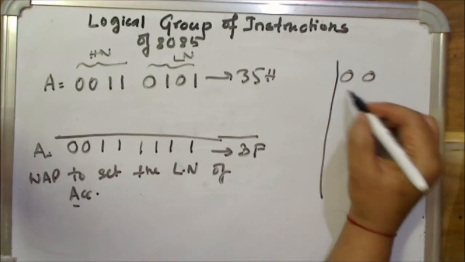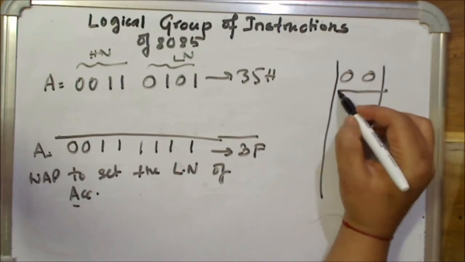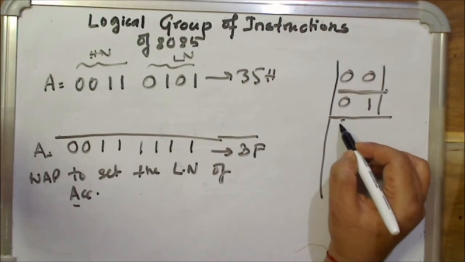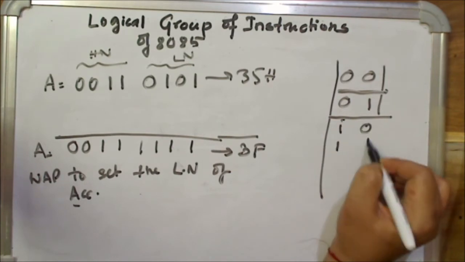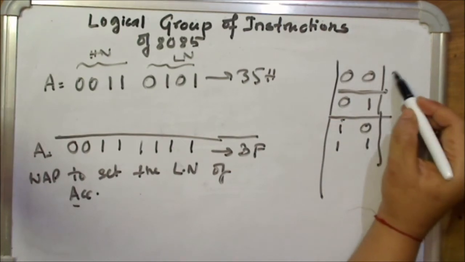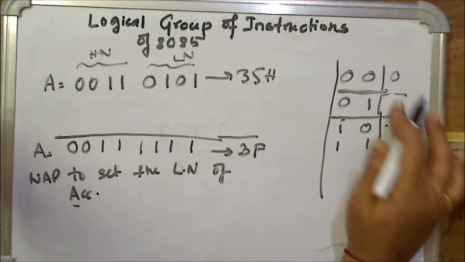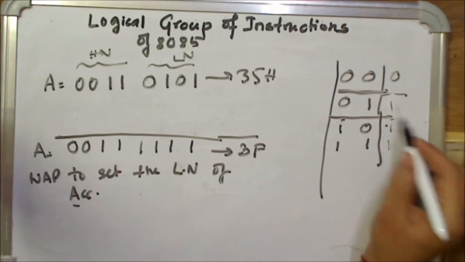So what you have to do? Now you have to use the OR logic. Now see the pattern. 1 0 1 1. What answer are you getting? Sorry, 1 1 1.